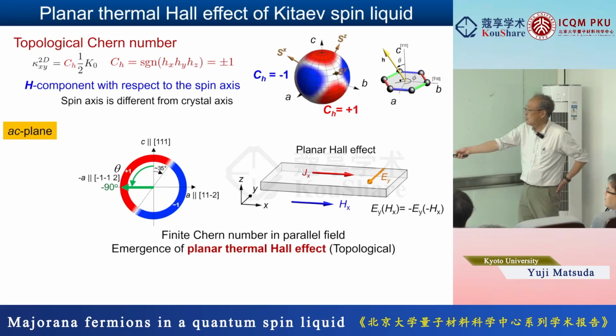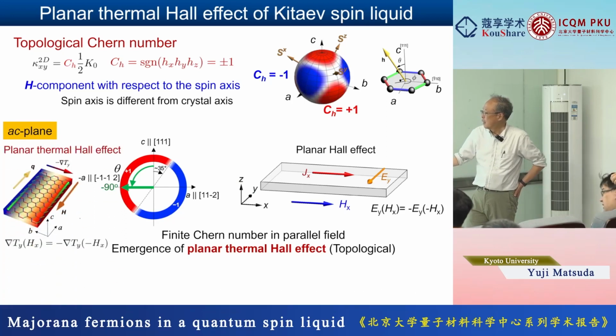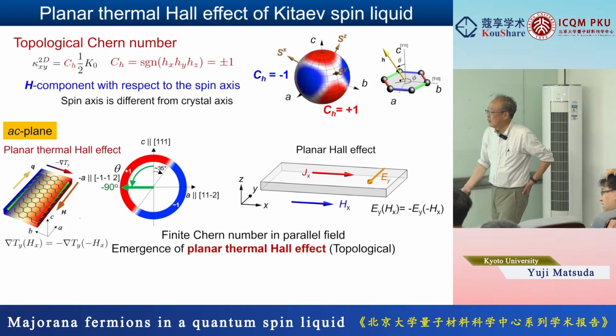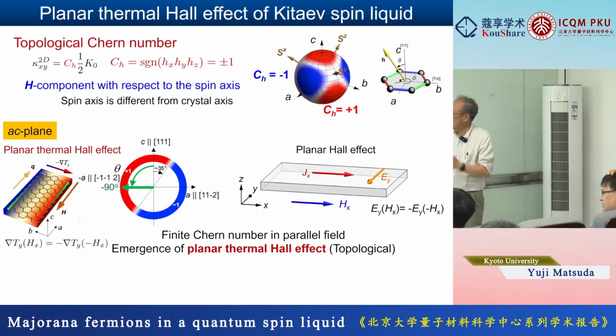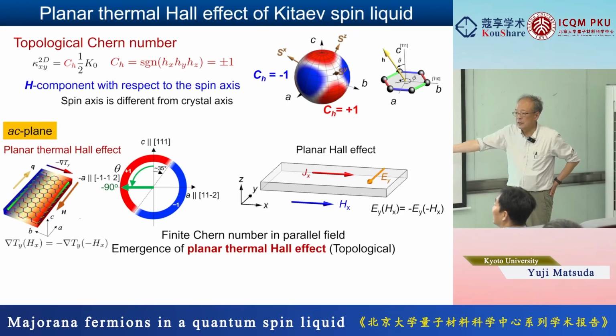Then I'd like to draw your attention. The Chern number is finite, even with the magnetic field applied in the ab plane. So this means emergence of the planar thermal Hall effect. This means even if we apply the thermal current and magnetic field within the ab plane, a finite temperature gradient appears in the transverse direction.